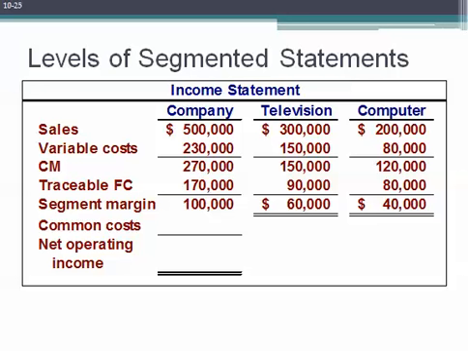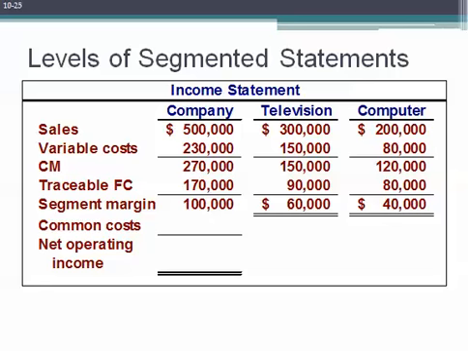Then we will subtract the traceable fixed costs from each one of the divisions. And notice the television division then has a segment margin of $60,000, and the computer division has a segment margin of $40,000. In total, then, we have a company-wide segment margin of $100,000.